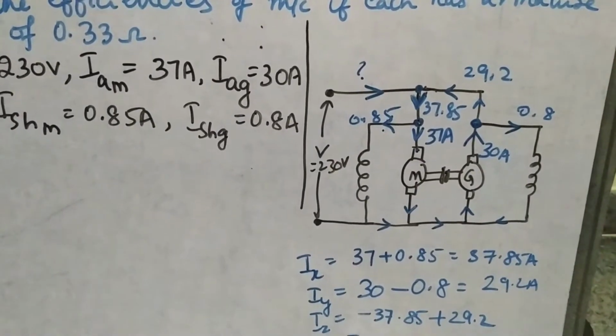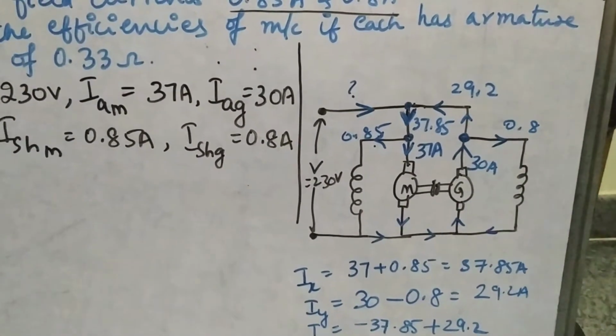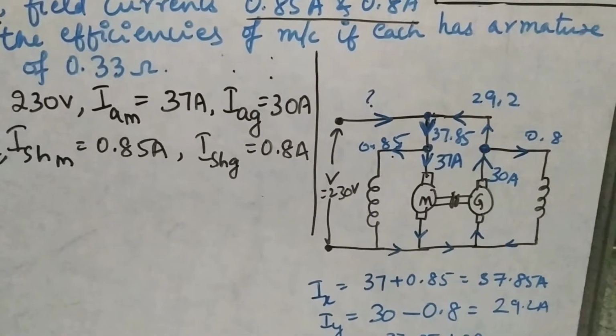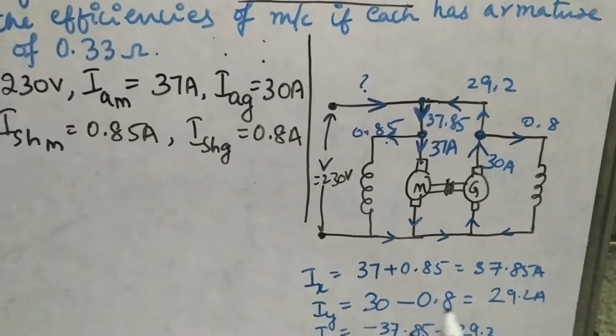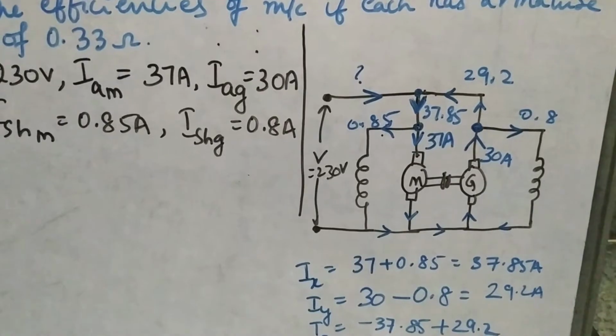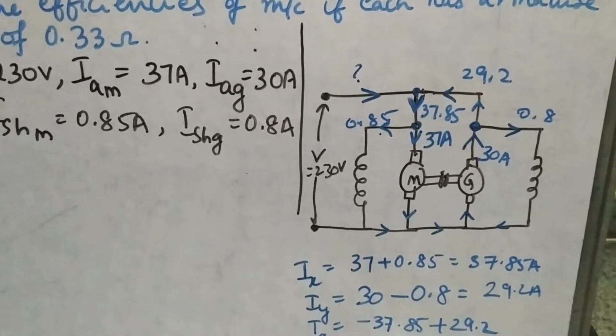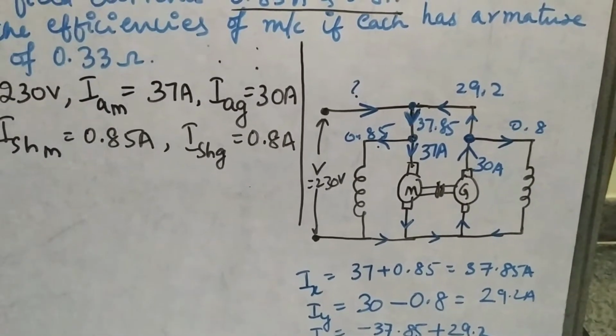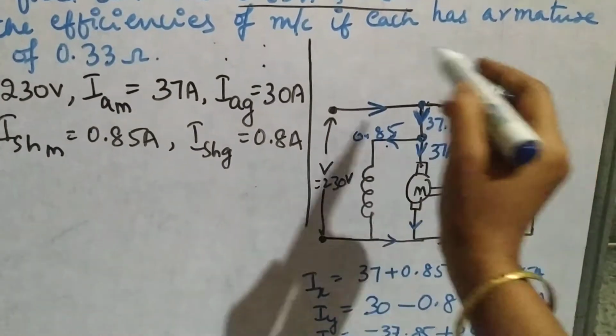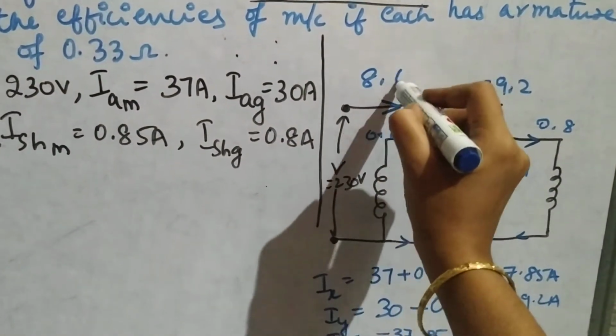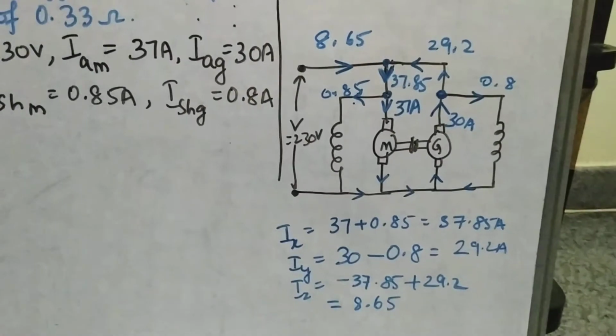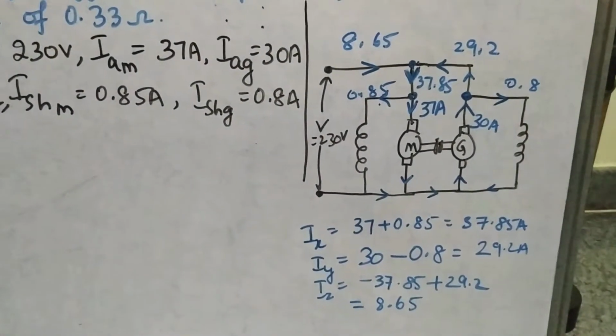So finally, the difference of these two currents. What is the value you will get? You will get around 8.65 amps. So that will be the value of the line current.